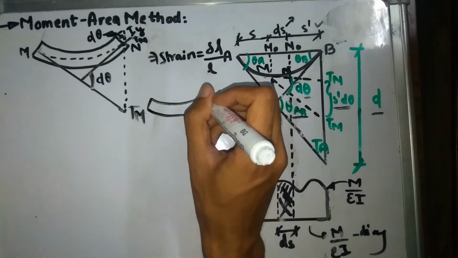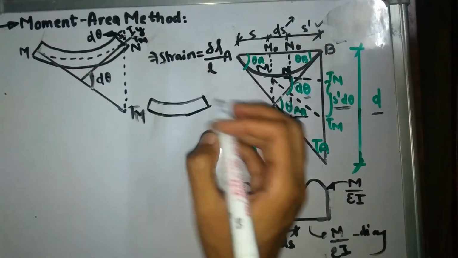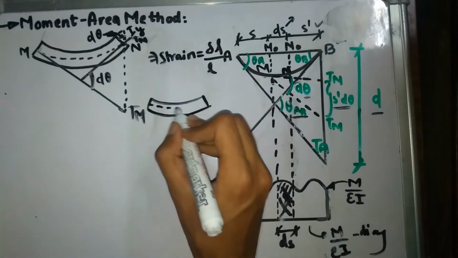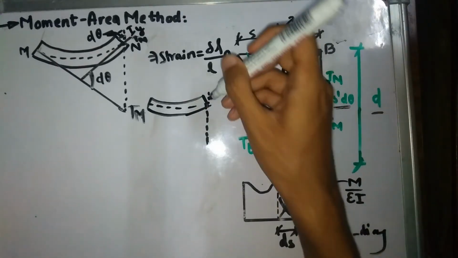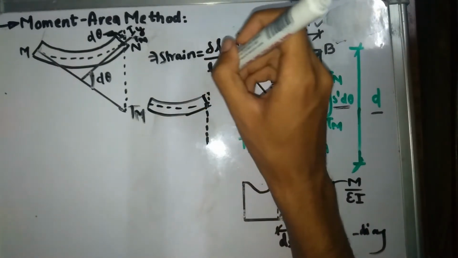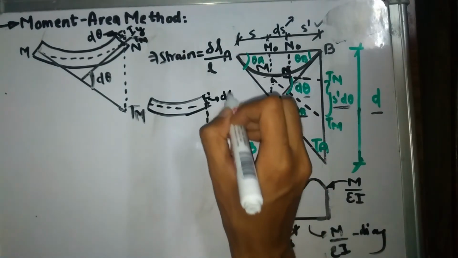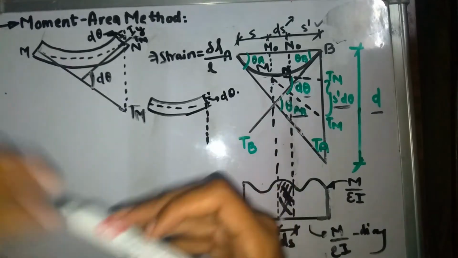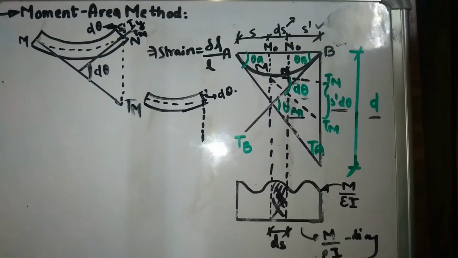As my beam deflects with respect to the original position, we have drawn a simple perpendicular over here. Let me draw one more perpendicular and expand it upward, and this little increase in length, with this angle supposed as d theta. So as the beam bends, we are going to have a certain increase in length. We are going to use this for our theorem 1.